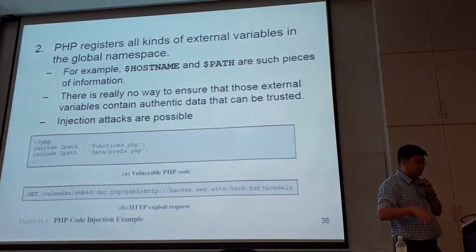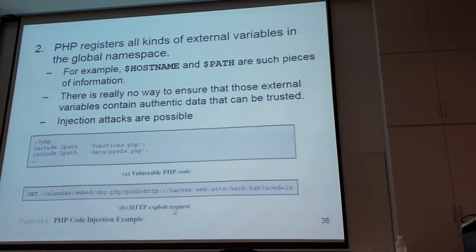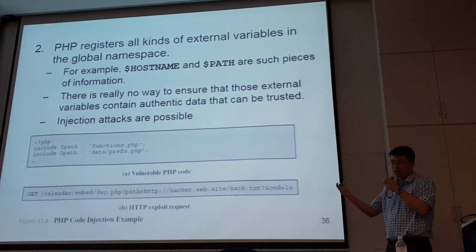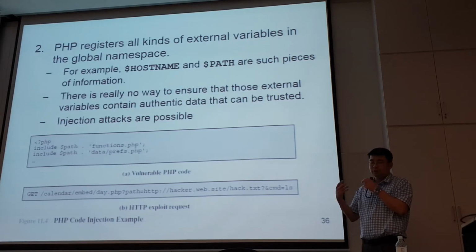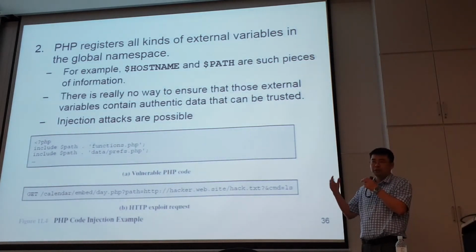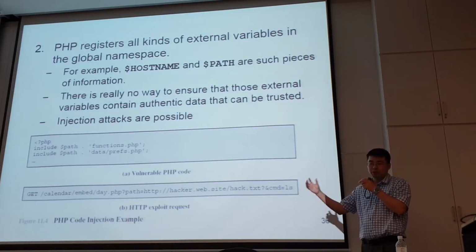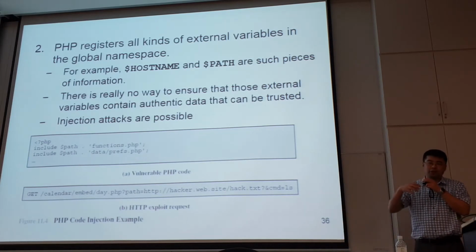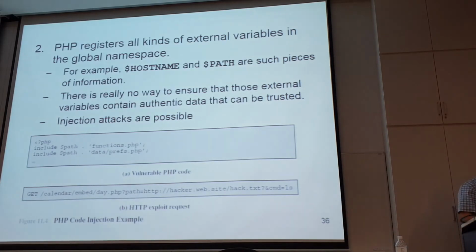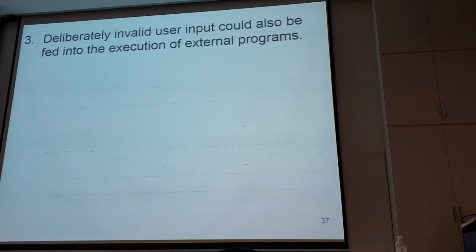So if we allow the attacker to specify the path, and the path points to a malicious website, then when you call the function, you are using the code downloaded from the malicious website. In this case, you also have a security problem.